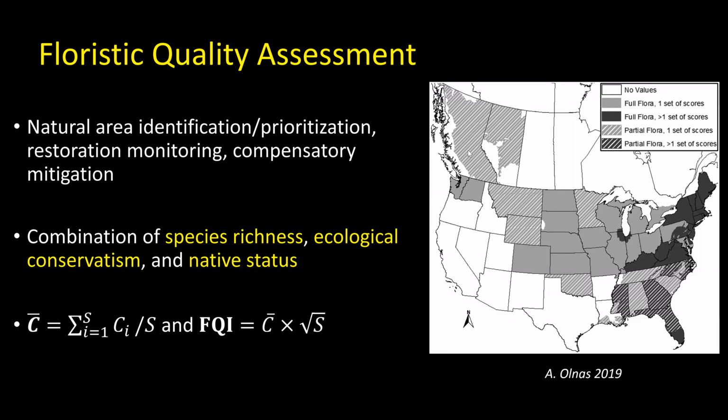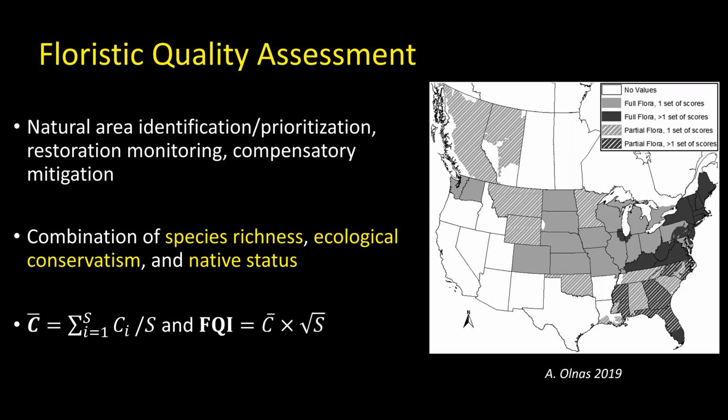Now, floristic quality index is a combination of three things: species richness, ecological conservatism, and native status. And this index has been used for many years.